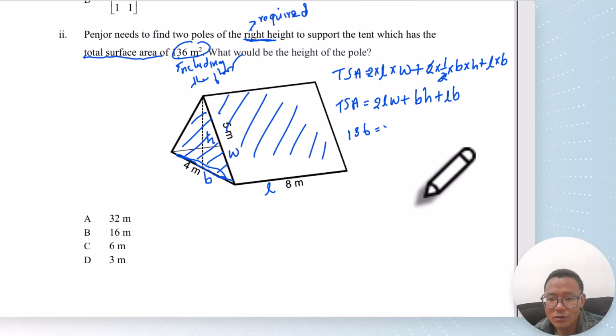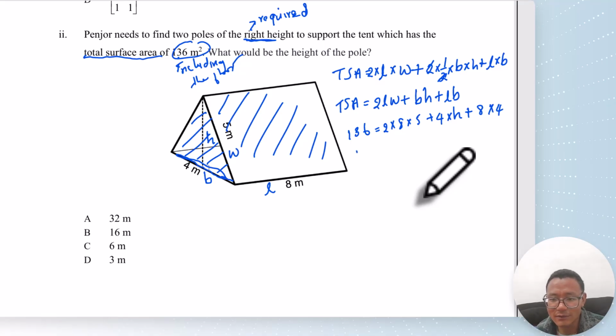Then 2 times length 8 times width 5, plus bh, base 4 times h, because h is what we are asked to find, plus length 8 times b which is 4, the floor area.